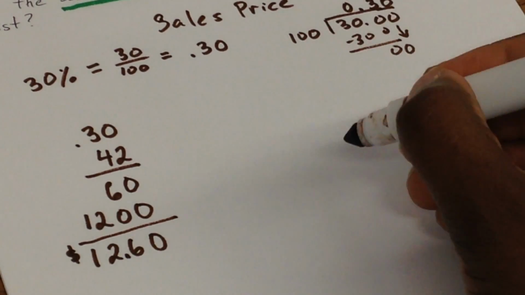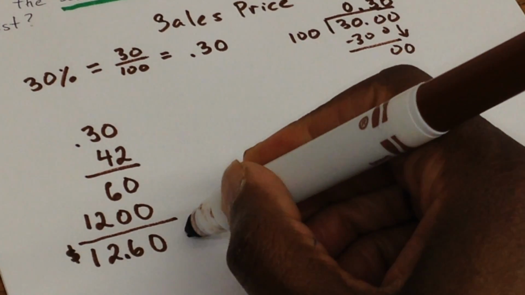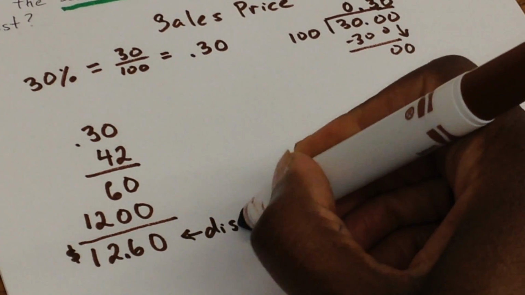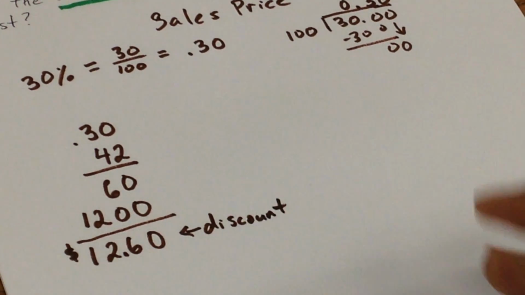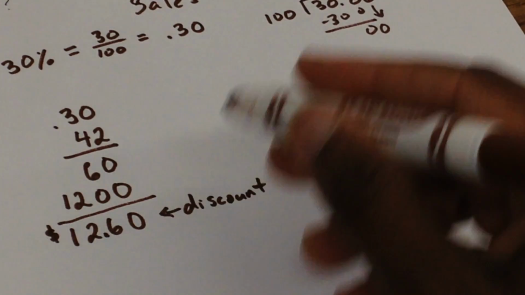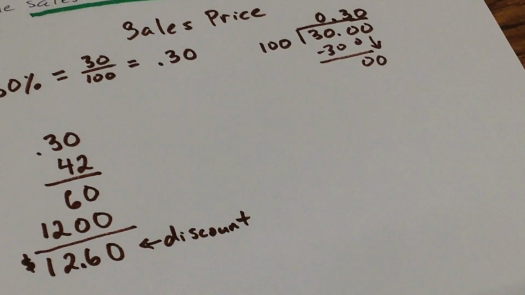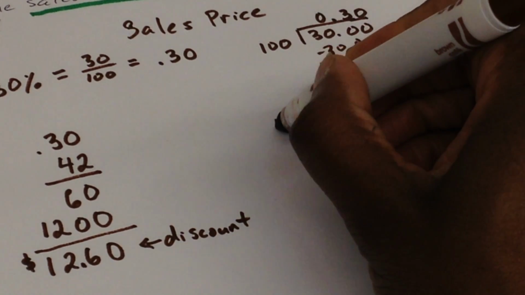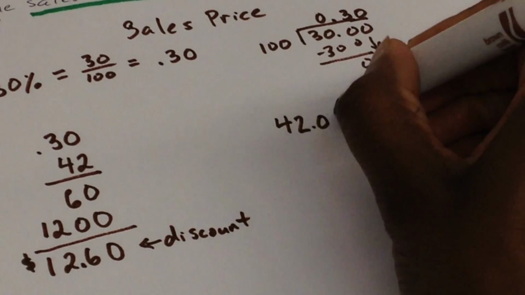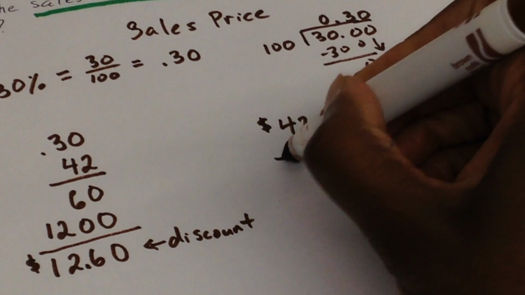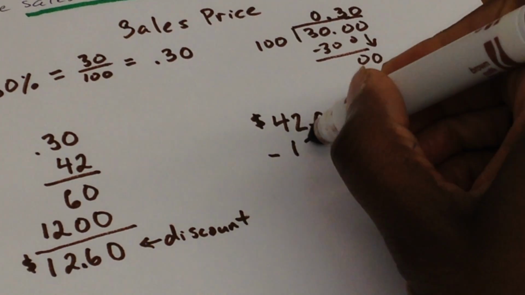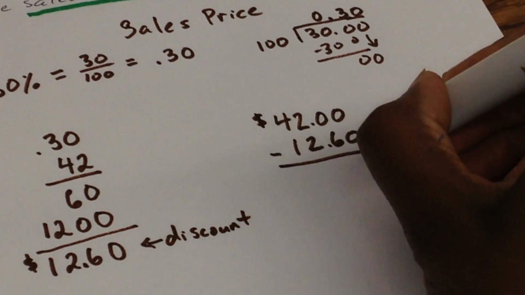Now what I'm going to do with this is now called the discount. I will take this discount amount and I will subtract it from the $42 to find out how much I'm going to pay. That's $42 minus $12.60.